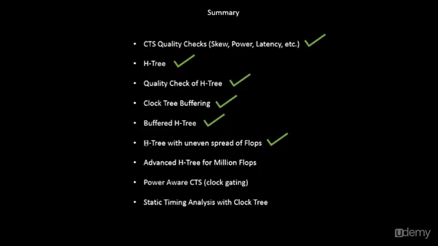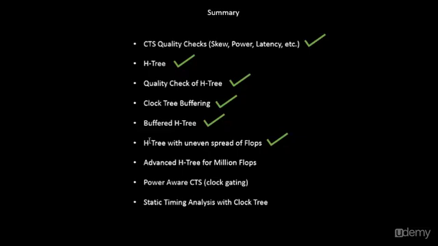The basic concept still remained the same, but the algorithm changed a bit. It was derived out of the basic algorithm, but the way the routes were made differed. We covered that part as well, and we also looked at how skew and all the quality check parameters were met with this kind of clock tree, and how good they were.